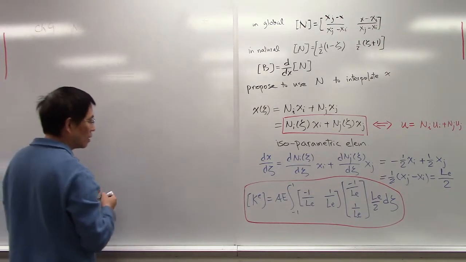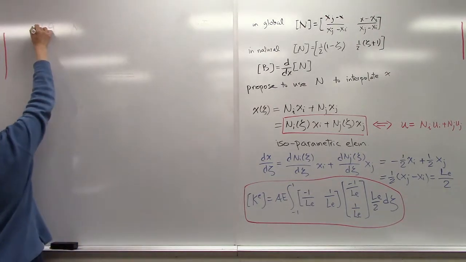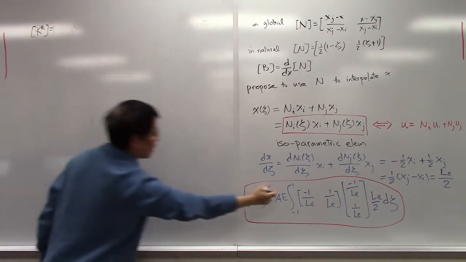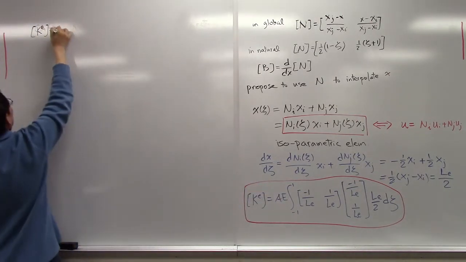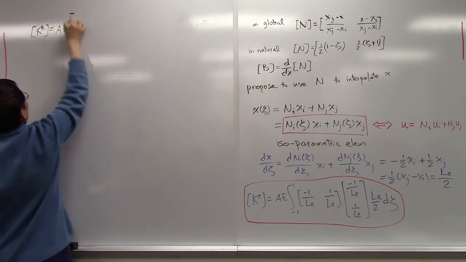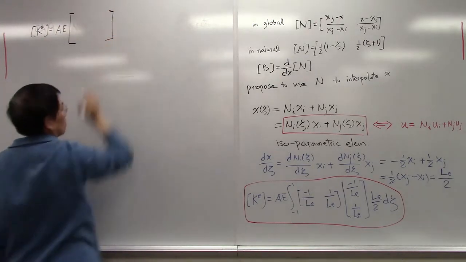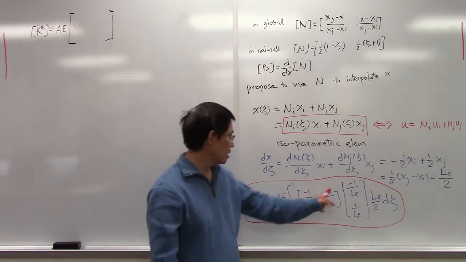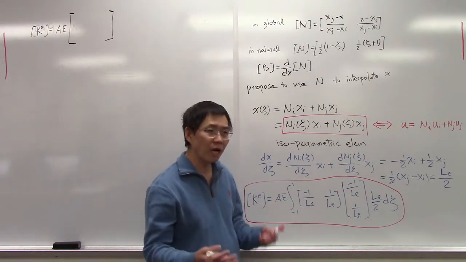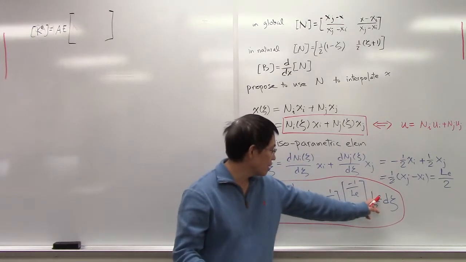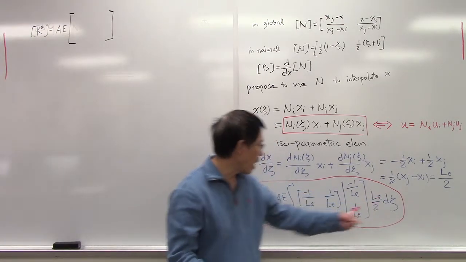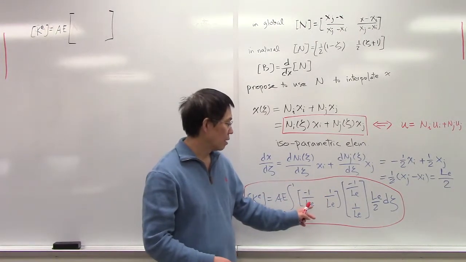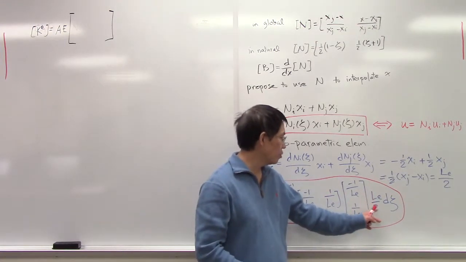At the end, KE, we can write everything out is equal to AE. This is 2 by 2. And let's look at the first element, is this times that. So it's 1 over LE squared, and then times this, and half. So is 1 over 2 LE.